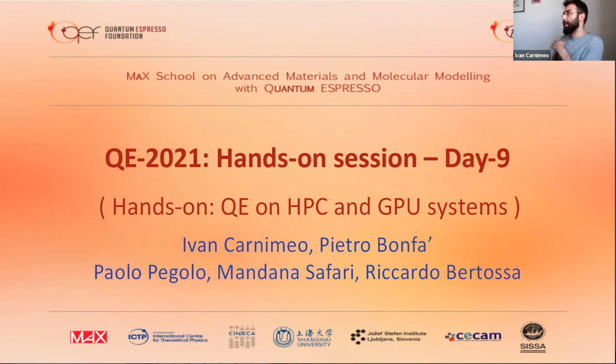And the second part will be working with GPUs. Other important things that Pietro mentioned are using npools and ndiag. We will see a few examples of how to optimize running calculations with pools and ndiag.